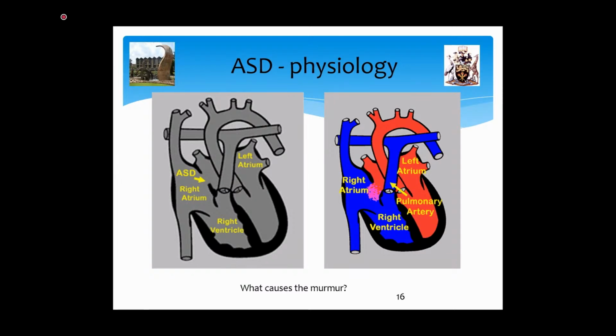The amount of blood flowing through the ASD is not dependent on the pressure differences between left and right atrium, but really on how the right ventricle accepts the blood. Compliance is the medical term we use. So if it's more compliant, more blood will flow.